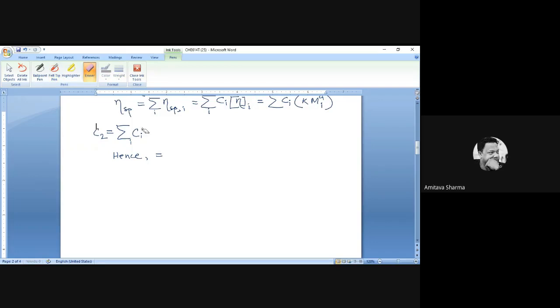So we can write Ci, and using the Mark-Houwink equation, in place of C I can write this. So this is our equation number 27.